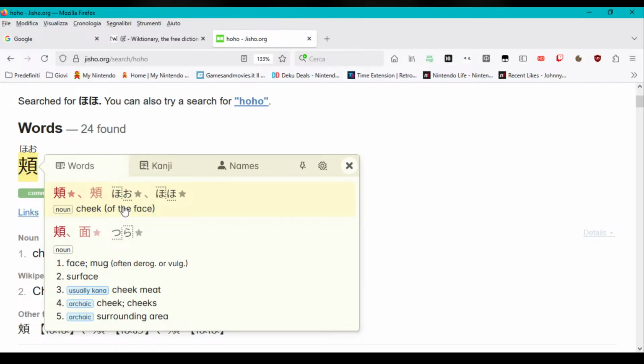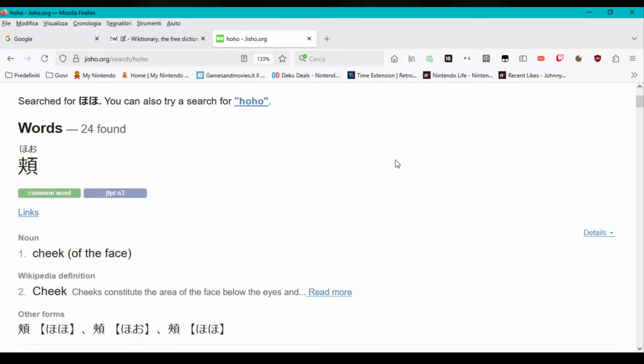That's because it's derived from an older form, ho, which then started getting pronounced as o. So the most common form nowadays is written ho and o in hiragana. More often the first, cheek of the face.